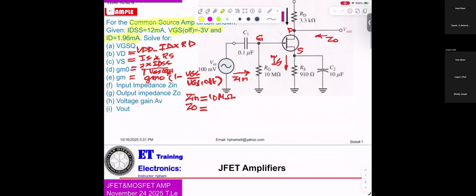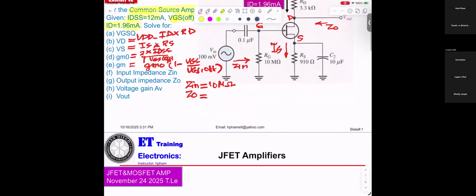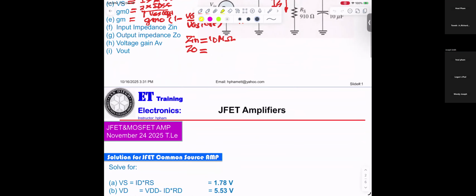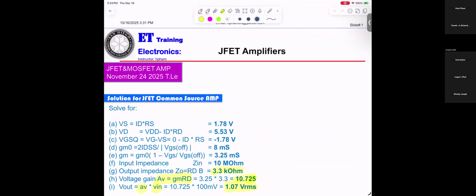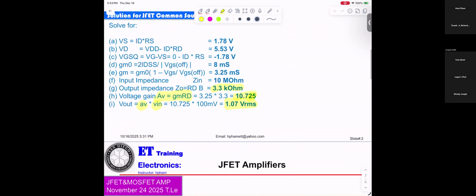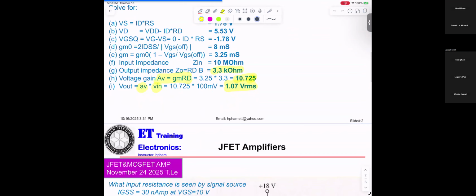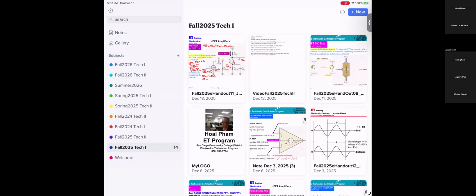Okay, I think I have to look over again for the JFET amplifier and also for the MOSFET. The thing is we're not going to the MOSFET and now we get the amplifier. So that will be a problem.